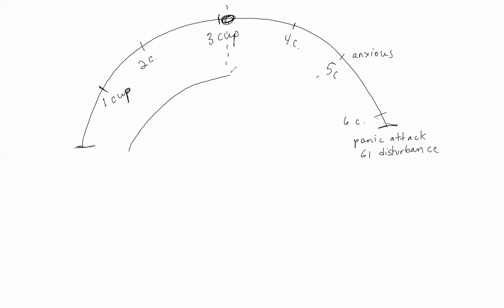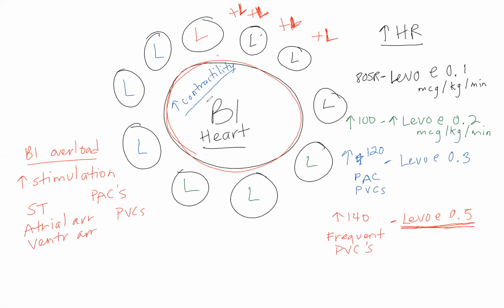The 10 seats at the table may have been right here, and then those other people that are standing around the table start to take us in this kind of negative direction. So we've gotten the most effectiveness that we can get from our levofed on that beta 1 receptor, or we've gotten the most effectiveness from that beta 1 receptor regardless of what medicines are on it. You know, this, for example, could have been epinephrine.